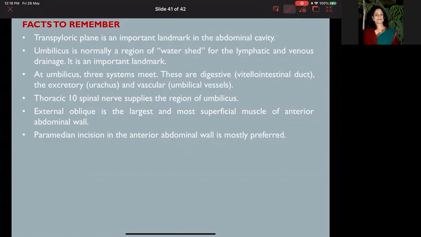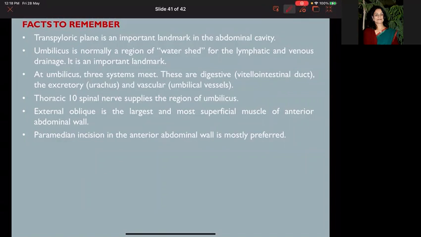The umbilicus is also important, as the four embryonic folds meet here, and it is supplied by the 10th spinal nerve, that is T10, and belongs to the T10 dermatome.